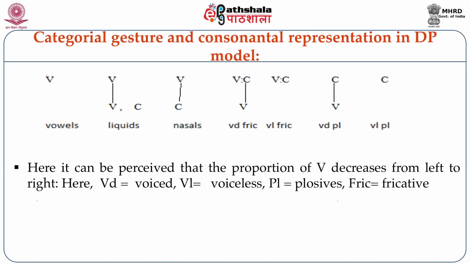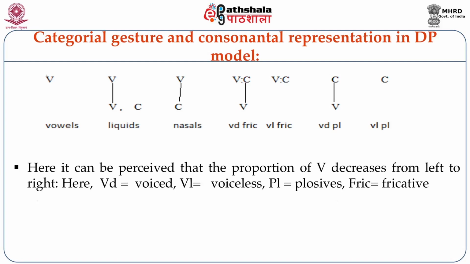V represents vowels, and liquids are the second most sonorous. The two VC components are mutually dependent on V; for nasals the V component is there, then voiced fricatives. So there is a transition from the vowels to the voiceless plosives. The presence of the vowel elements determines which is more sonorous and which is less sonorous.